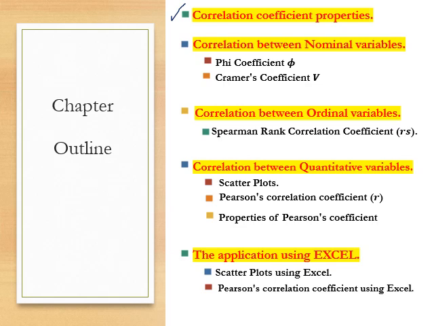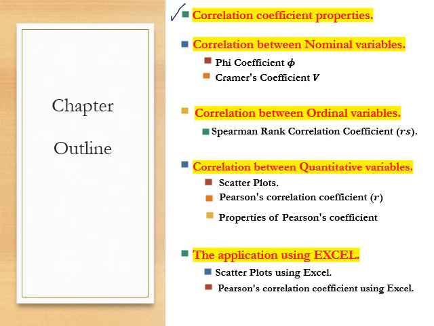If the sign is positive, then the relation is direct. But if the sign is negative, then the relation is indirect. While the value of the correlation coefficient determines the strength of relation between two variables, whether weak, intermediate or strong.